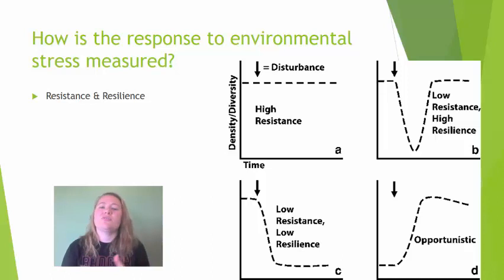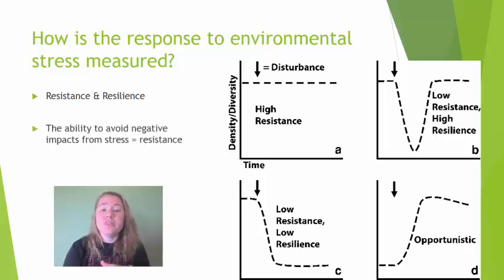So how is the response to environmental stress measured? In environmental science in particular, we use the terms resistance and resilience, and that's what's being shown in these graphs here. The ability to avoid negative impacts from some kind of environmental stress is resistance. So they are resisting change. They don't want to have anything altered.